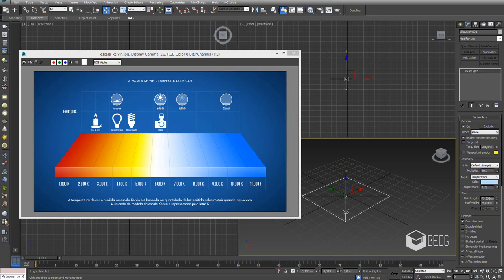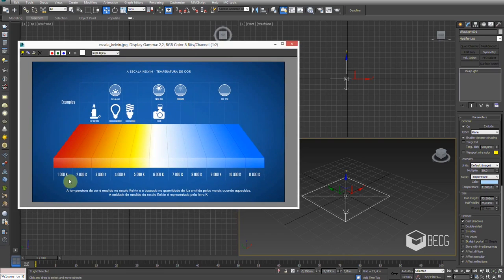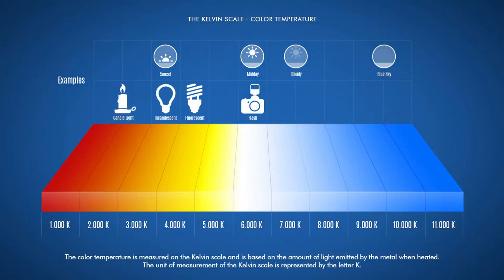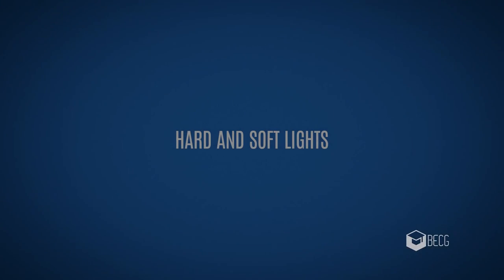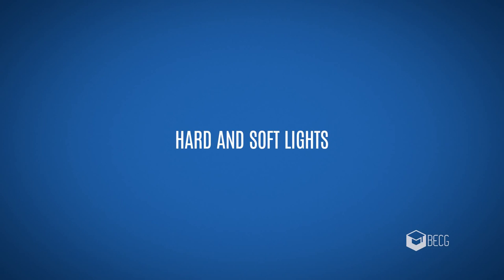From 10 to 11,000 Kelvin, the configuration of color of a perfect blue sky. It is important for you to memorize the Kelvin scale in order to correctly set when you are creating your scenes, to be able to understand what you're trying to achieve and thus using the correct color temperature here on the Kelvin scale.